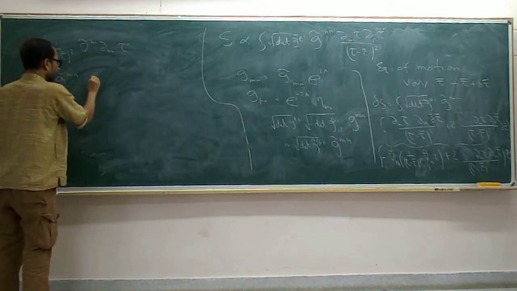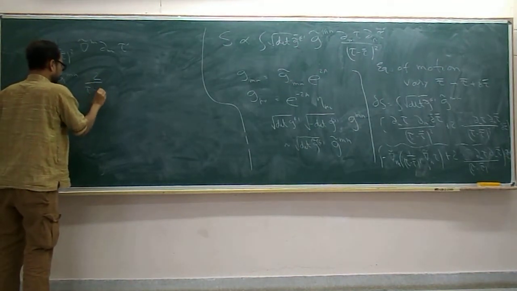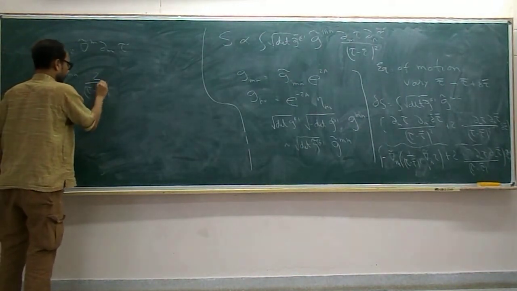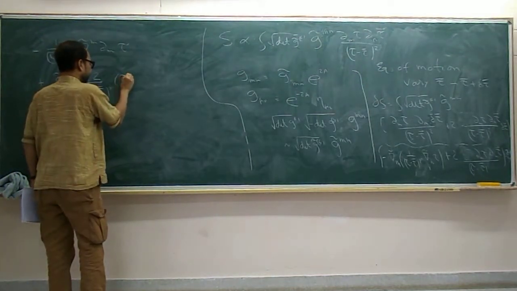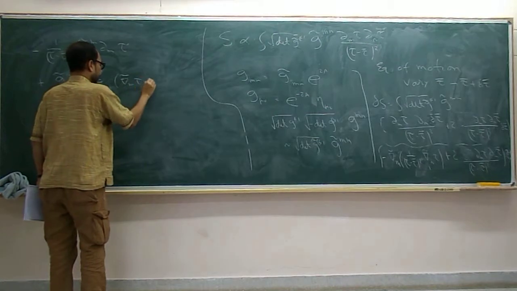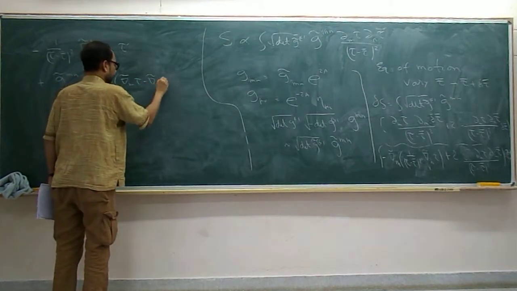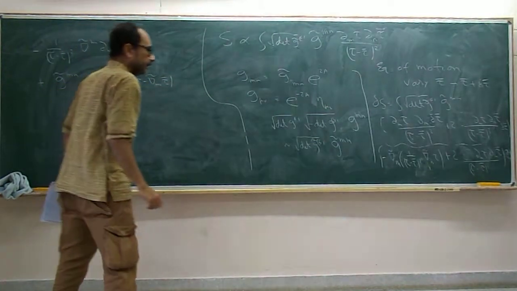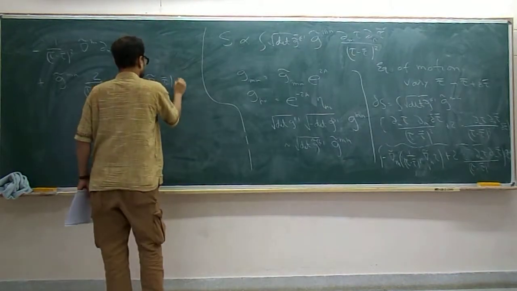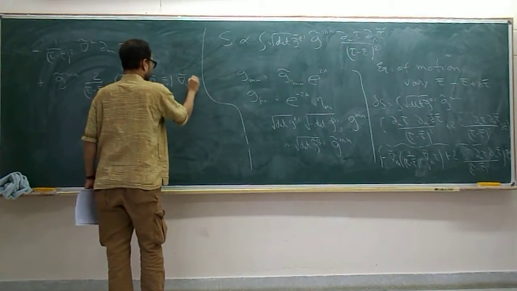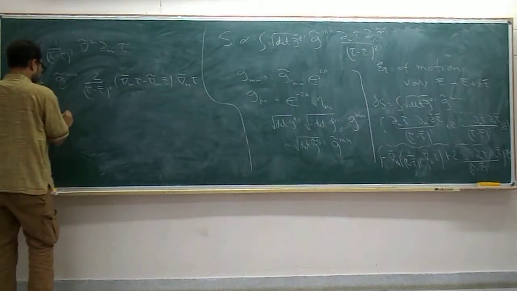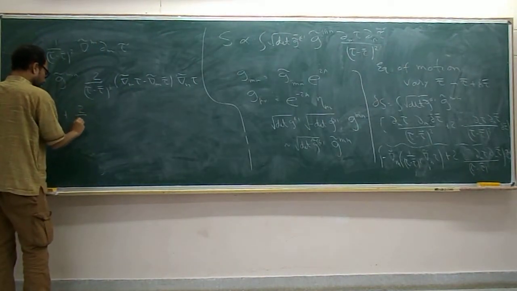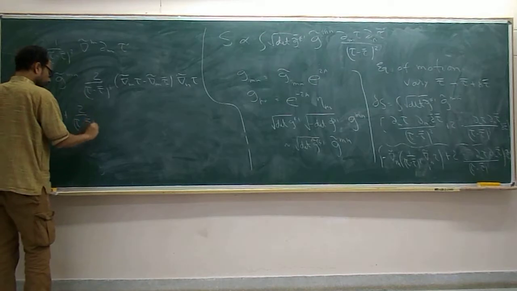Now it will be 2 over (tau minus tau bar) cubed, del tilde m tau minus del tilde m tau bar, times del tilde m tau, and then the last term, plus 2 over (tau minus tau bar) cubed.